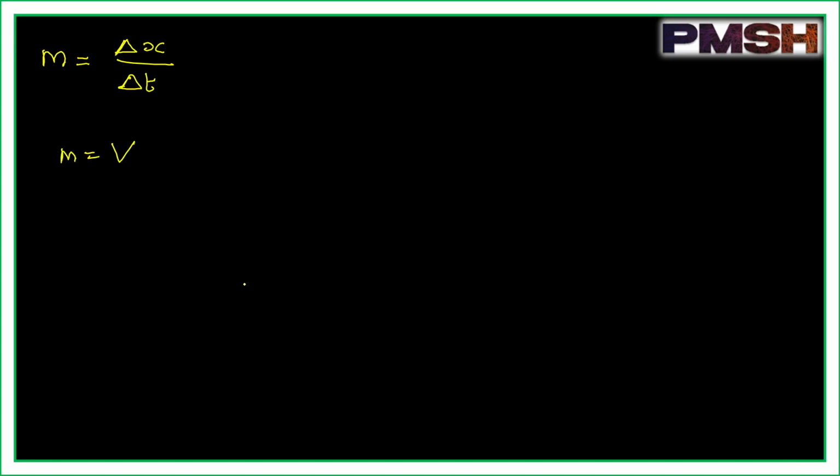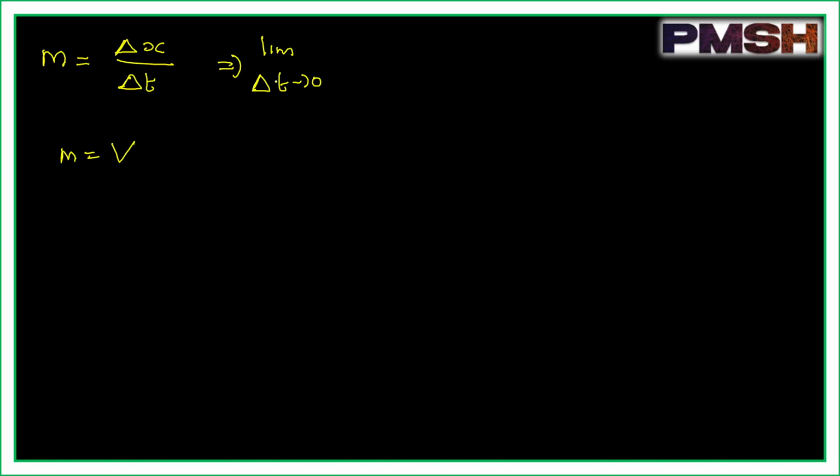Now see here. If limit delta t tends to 0, I have already told you what limit delta t tends to 0 means. This is all we have discussed, right?